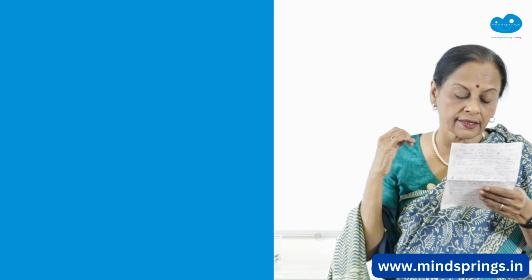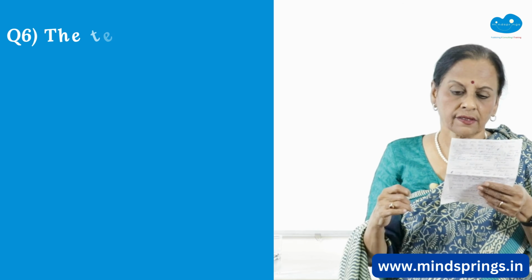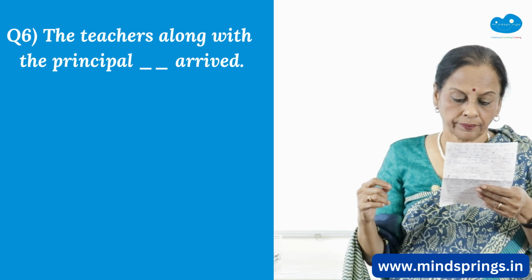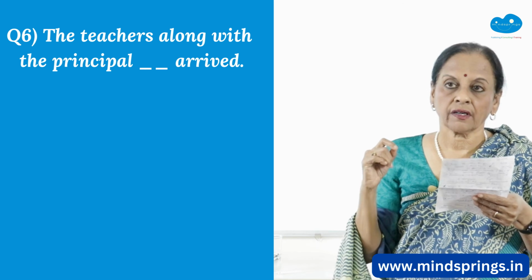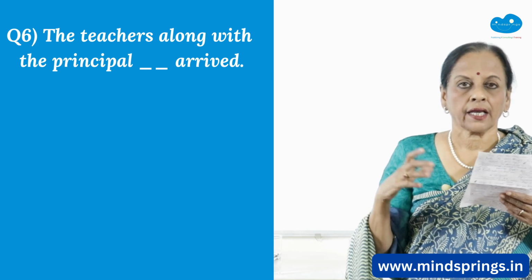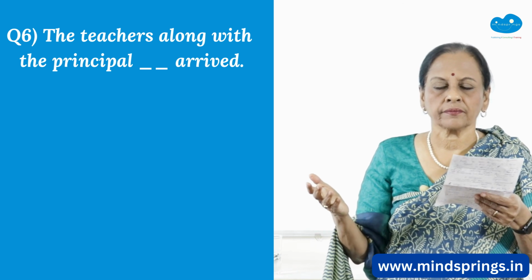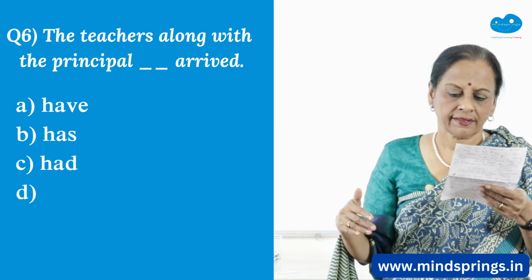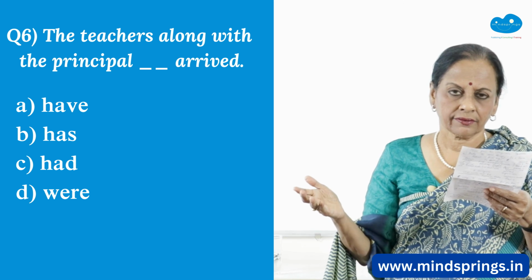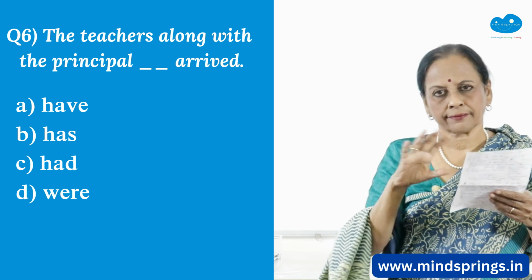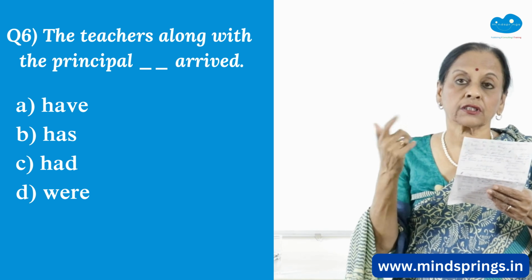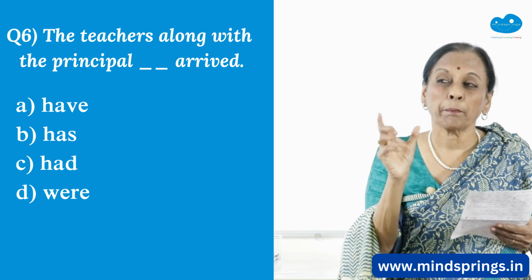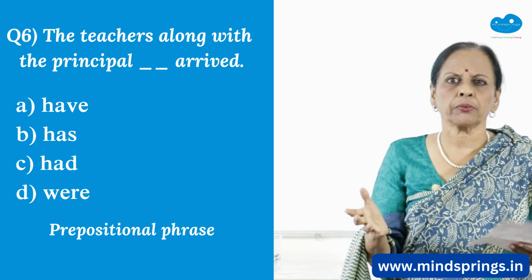The next one is: the teachers along with the principal dash arrived. And the options are have, has, had, were. So you've got 4 options. What is the correct option? Now whenever you have a prepositional phrase, what is a prepositional phrase?